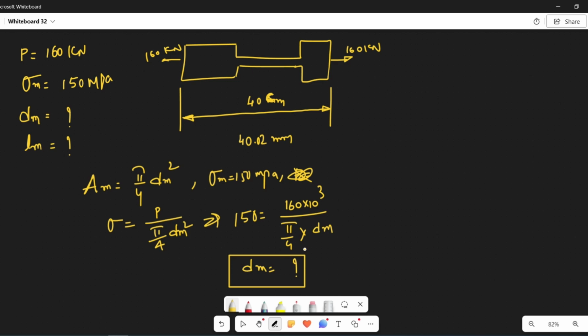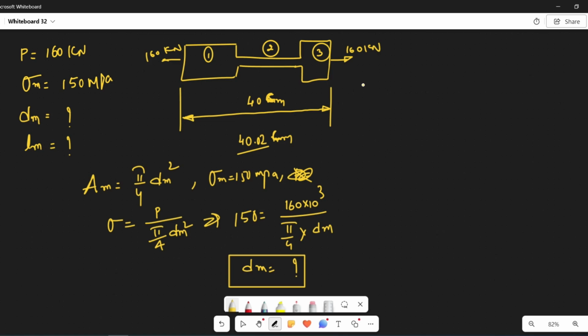Now, apart from that, we were also told the elongation for all the three different sections. Taking all three sections' information, it should not exceed 0.2 millimeter.